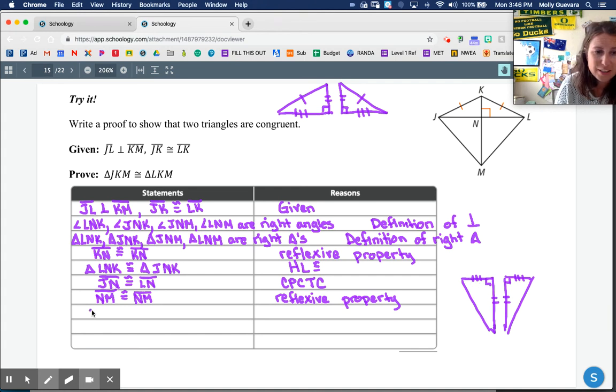So I can say that triangle JNM is congruent to triangle LNM by side angle side.